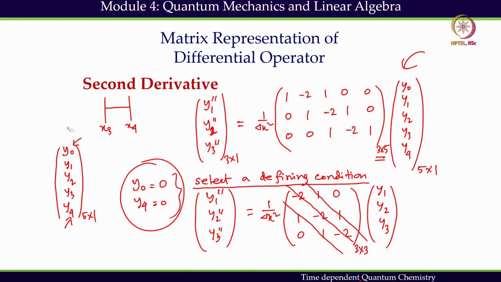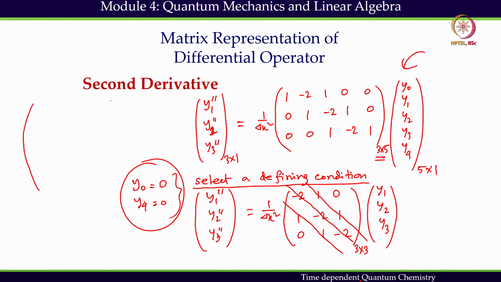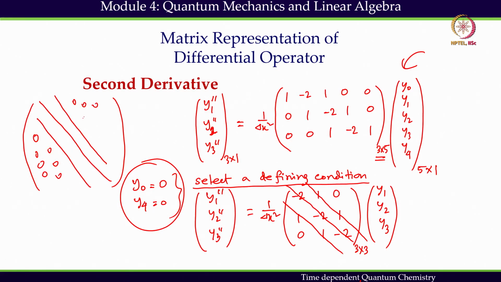In general, a tridiagonal matrix is going to be a square matrix. I will always have diagonal values, lower diagonal values and upper diagonal values. The remaining part is going to be all 0. So, this is called a tridiagonal matrix.